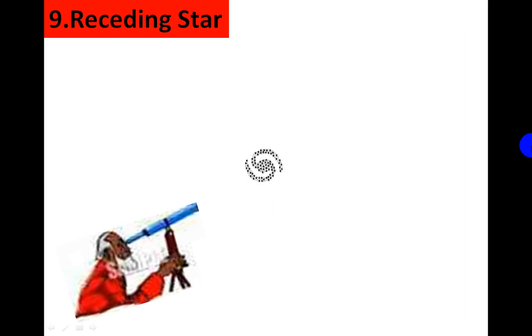But if the object moves straight backward, or if the object comes straight forward, it is difficult to detect. Galaxies are far away from the Earth and they are receding straight backward. Therefore, their recession cannot be detected by normal telescopes.